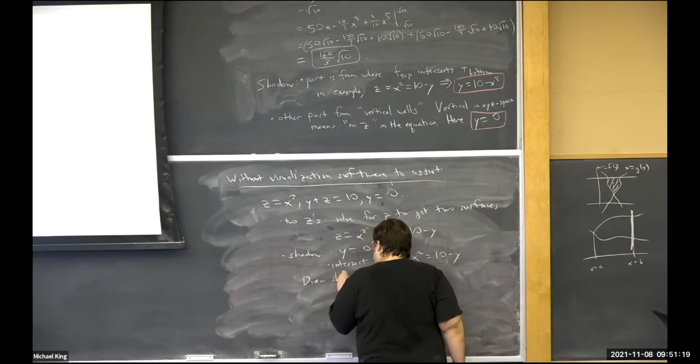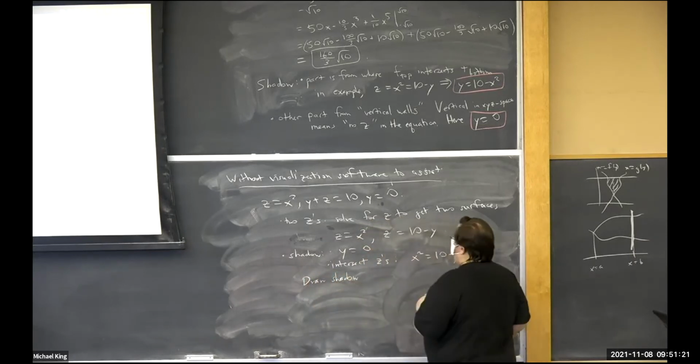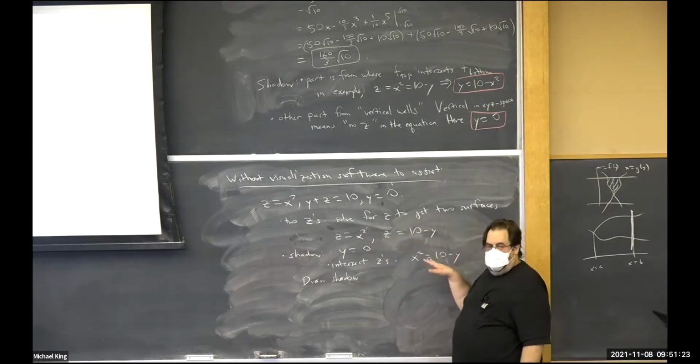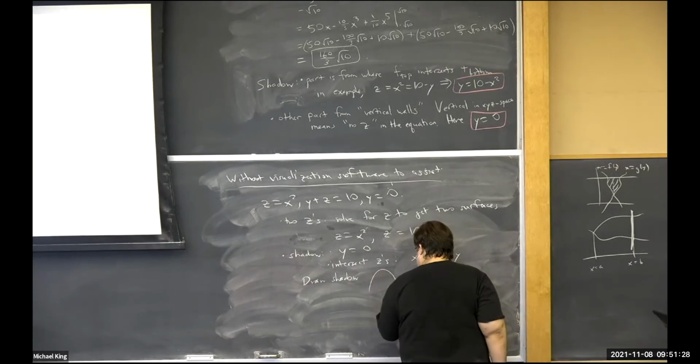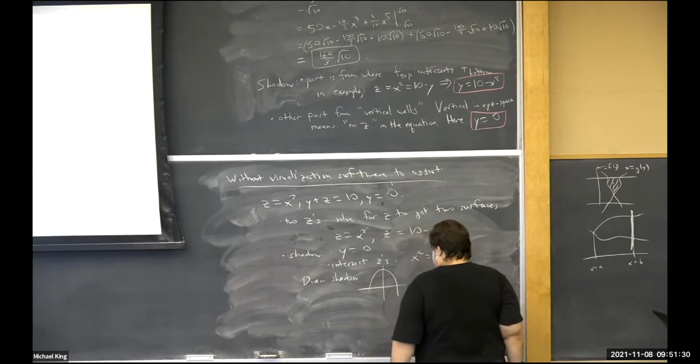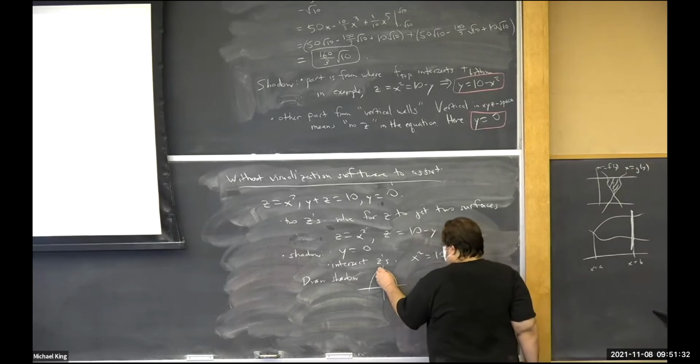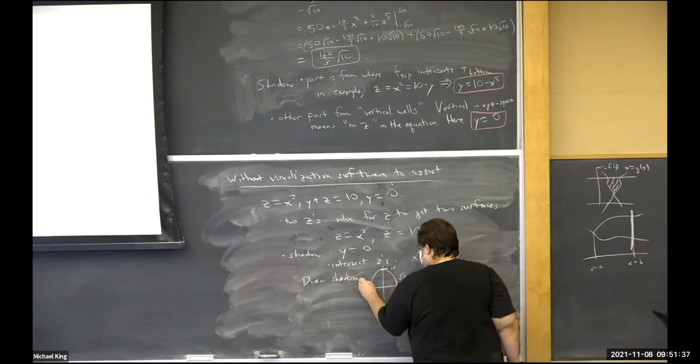I claim knowing the shadow will actually help us figure out which is the top surface and which is the bottom without pictures. We drew the shadow and got something that looked like this, with 10 here, root 10 here, and minus root 10 here.